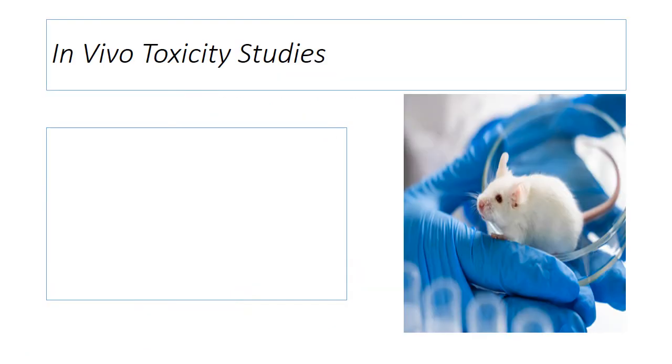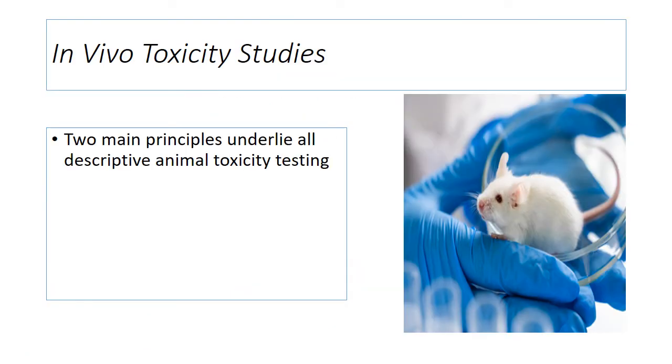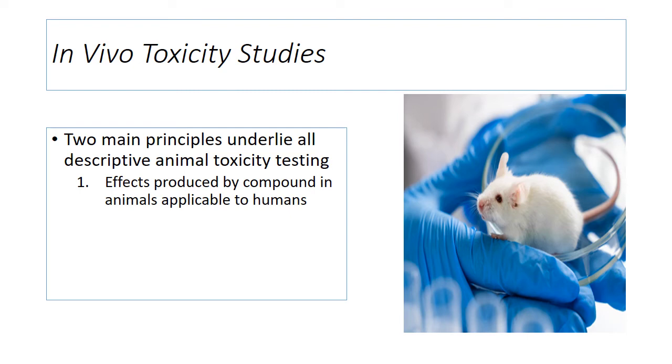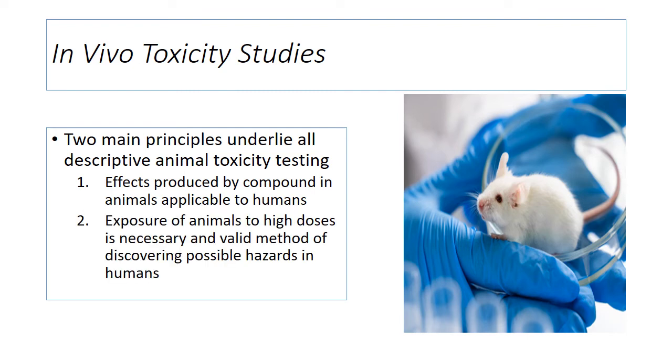Now, about in vivo studies. The premise for in vivo studies is that there are two main principles that underlie all descriptive in vivo animal toxicity studies. The first one is that the effects produced by the compound in the animal are applicable to humans, that is, predictive toxicology. And this is basically what we also do for the neuropharmacological tests that we do, isn't it?